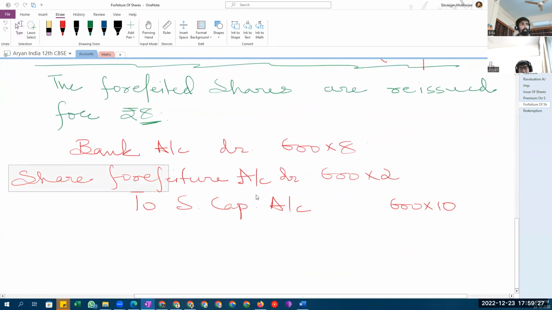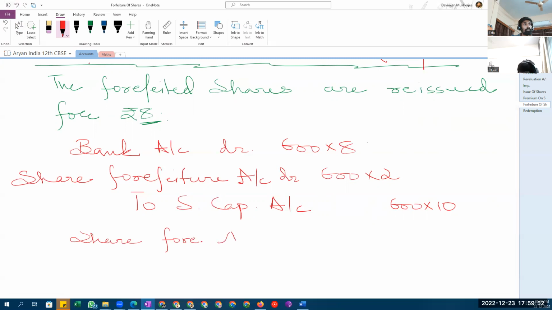Now here it is debit, meaning some part of that share forfeiture has been used up. The remaining will be transferred to capital reserve. So remember this also, that the remaining amount of money will be transferred to the capital reserve. That's the rule basically.